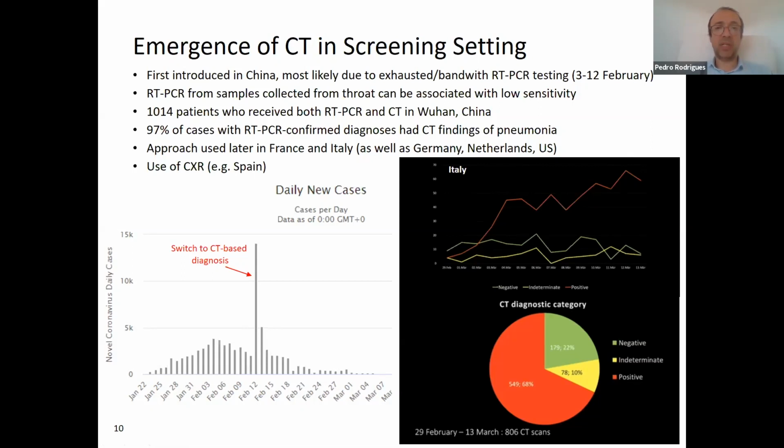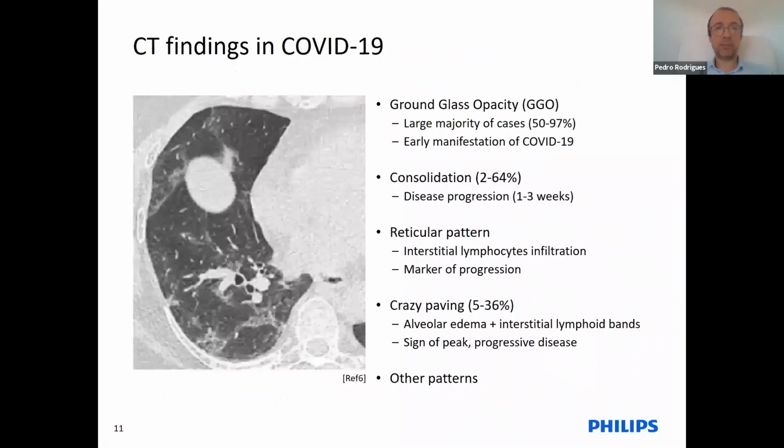A PCR test at the time takes between 10 to 15 hours, and these patients will then be scanned so that they can be triaged and separated correctly, so that they don't need to wait 15 hours until the decision is made. So that is somewhat the rationale why CT has been used in this setting.